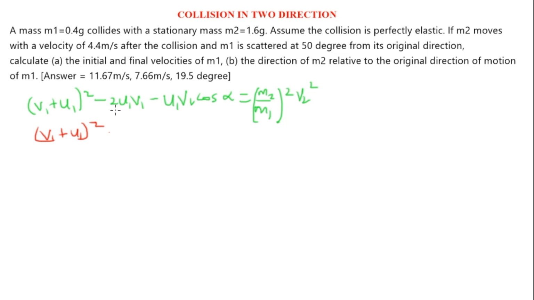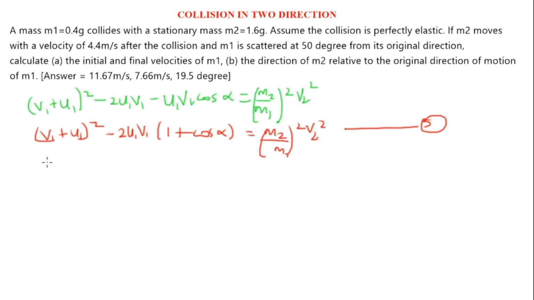Don't be tempted to say that minus 2u1 v1 and minus 2u1 v1 cos alpha is equal to minus 3u1 v1. No, no, no. That's bad algebra. So we are going to have (1 plus cos alpha), which is equal to (m2 over m1) squared, then v2 squared. As a result, I think we should pause. Let's call this equation 5.